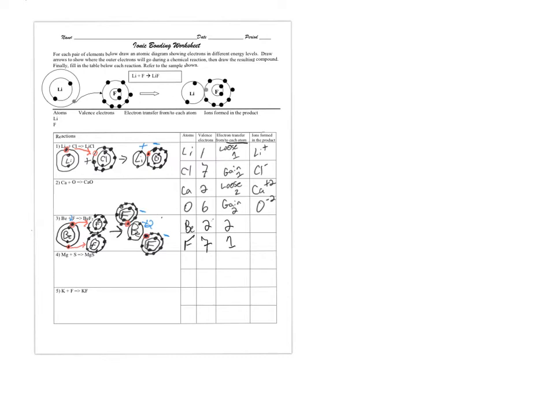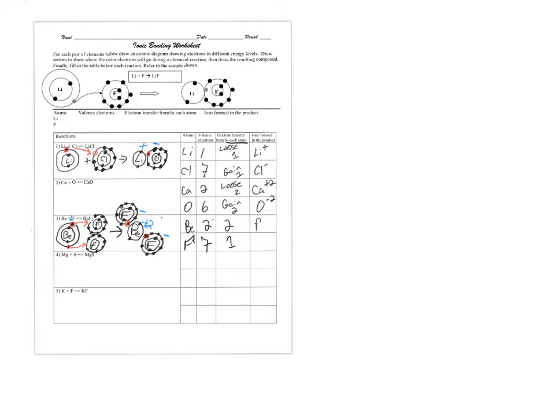We need 2 atoms of fluorine. If fluorine's your only option, then you need 2 of these fluorine atoms to take up your 2 electrons, because each fluorine atom is only going to be able to take 1 to fill its octet.